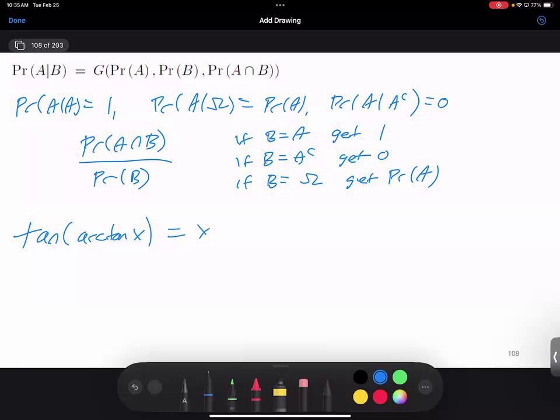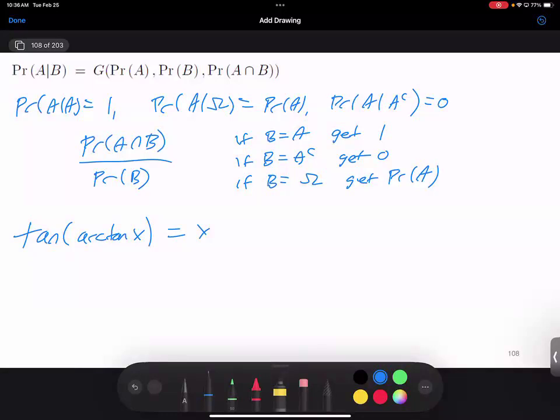I want to talk about what is the probability of A happening given that B has happened. What would it mean if the probability of B is 0? B can't happen.